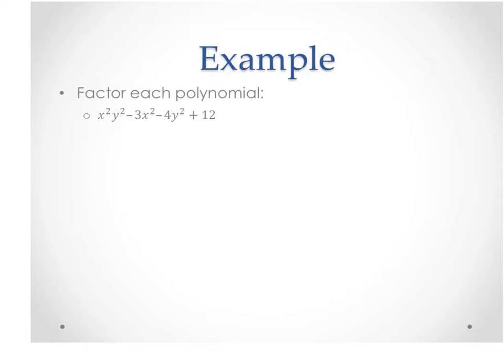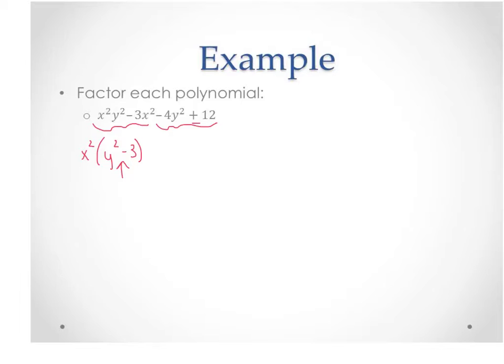Here's an example with 4 terms. Typically in grouping, you're going to group the first 2 terms and the last 2, even though they don't have to be grouped like that. We're going to look and see, do the first 2 terms share anything? They share an x squared. So if you pull an x squared out of the first two terms, you're left with y squared minus 3. What do the second two terms share? They share a 4, but I want the minus sign to be in the middle of that binomial, not a plus sign.